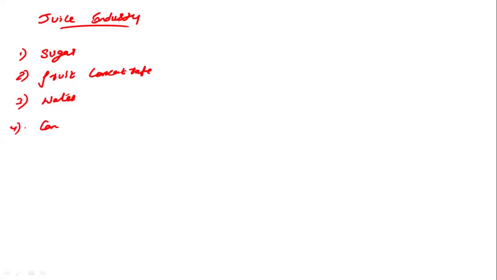To manufacture this juice, we need sugar, we need fruit, can tell fruit concentrate. Okay, then we need water. After this manufacturing of juice has happened, you need to pack this. Then you need the packaging material.